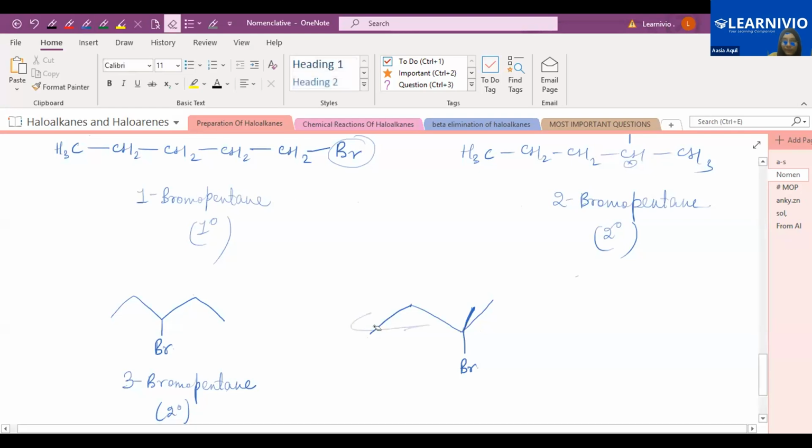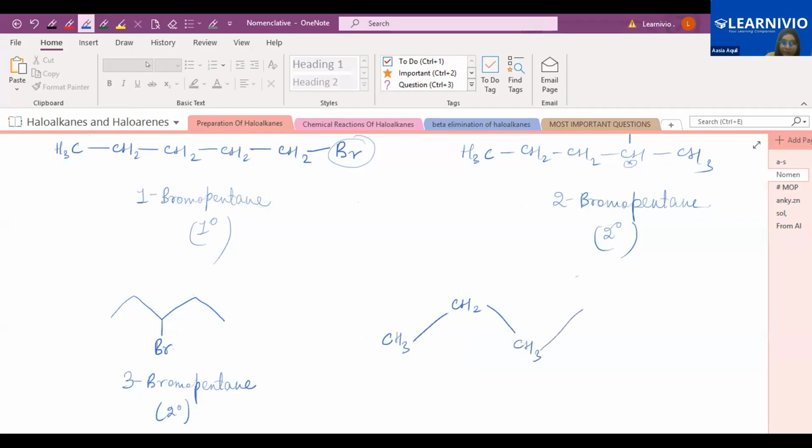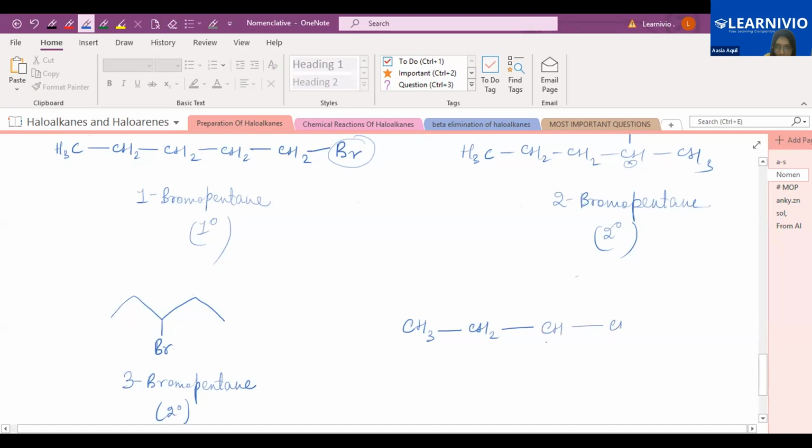Just a second. CH3, CH2. This is your CH3. You can draw the structures straight.